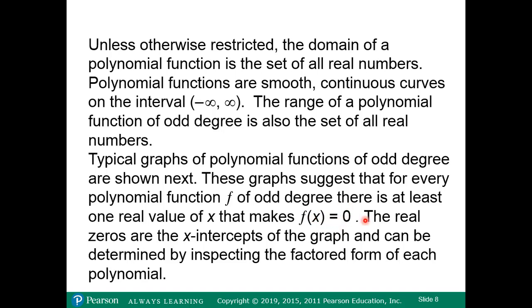Okay, so the real zeros are the x-intercepts, like I've said, of the graph and can be determined by inspecting the factored form of each polynomial. So we can factor the polynomials and then use the zero product principle, right?